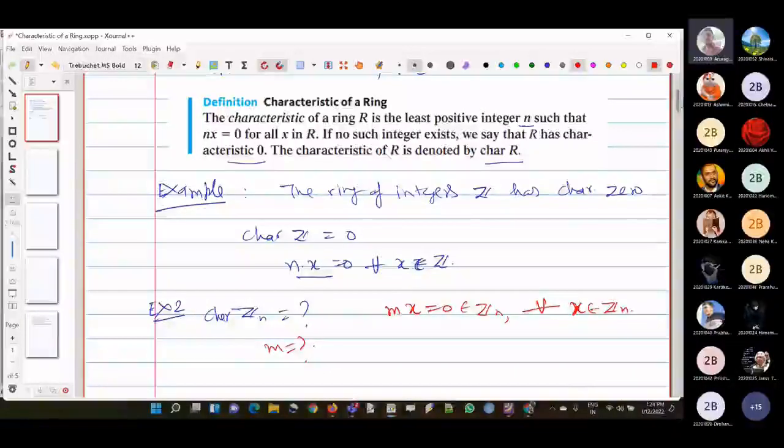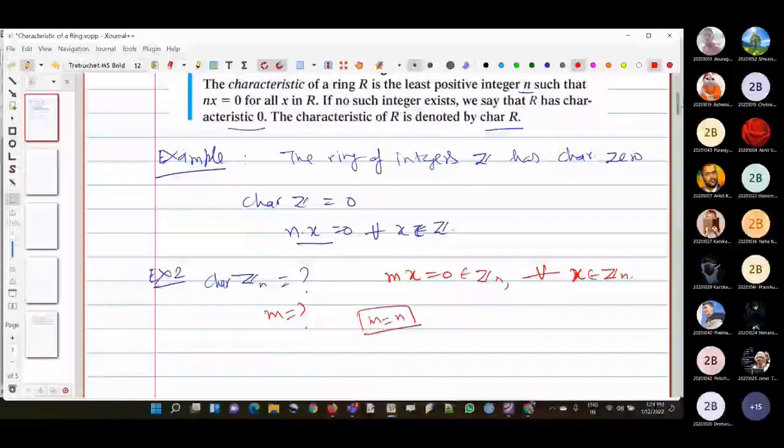Sir, m can be n, other than 0. Yes, so m equals n. You can note down this point: m equals n, that is, mx has to be a multiple of n.